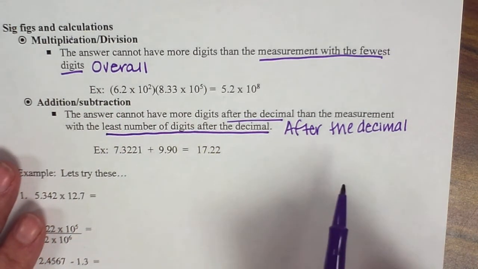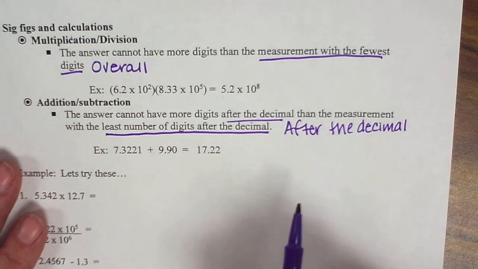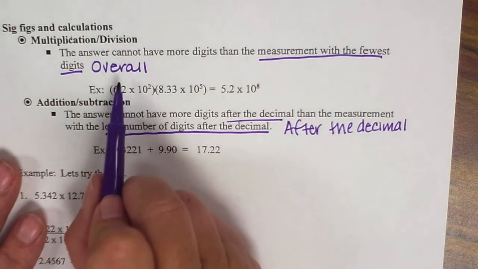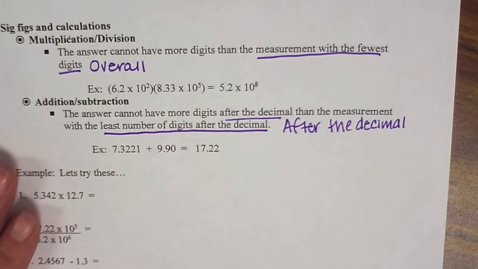So I'm going to repeat that. They both have to do with the least number of digits, but multiplication and division has to do with the least number of digits overall, and addition and subtraction has to do with the least number of digits after the decimal.